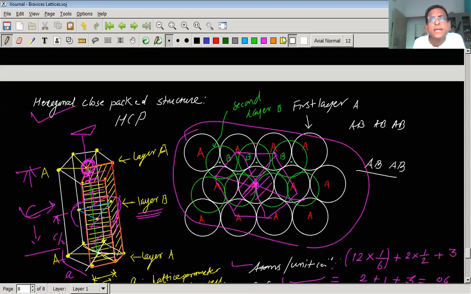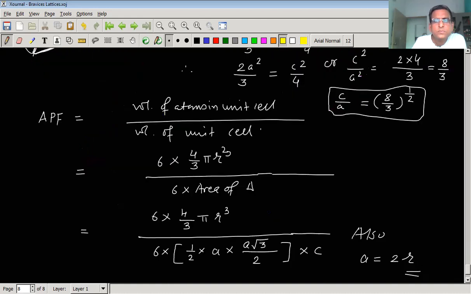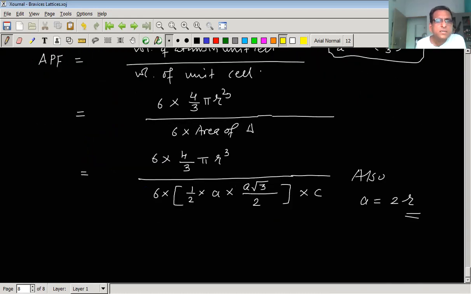Now this is actually A. You can see here, this is the distance between two atoms. But if we assume radius of atom to be R, then obviously A is twice of R. So with this, we have to calculate all these things. So 6 into 4 by 3 pi r cube, and now we put A is equal to 2r.